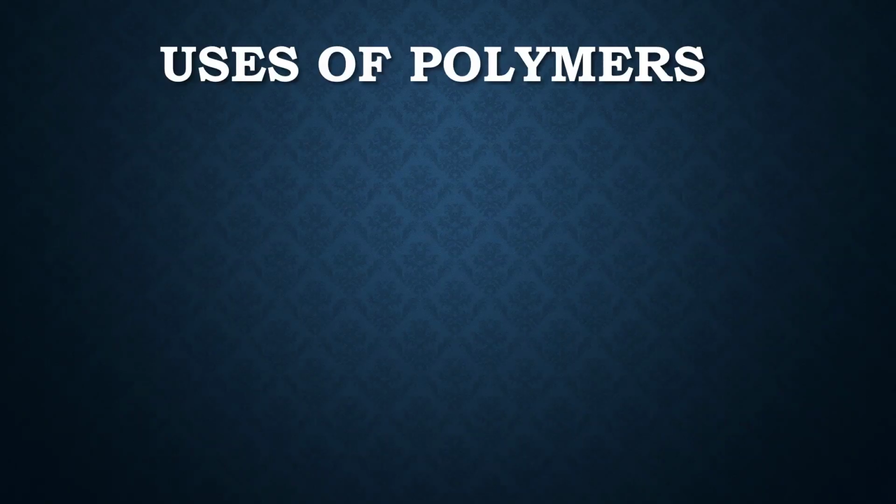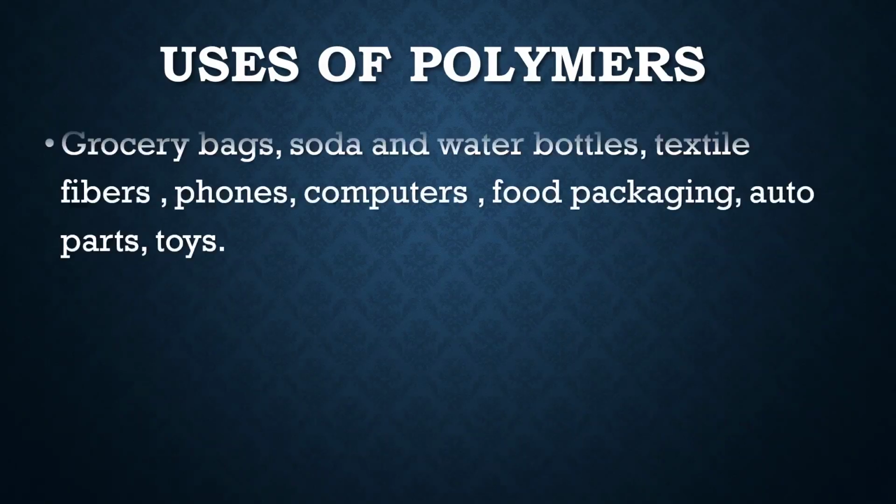What are the uses of polymers? As I said, we can see polymers everywhere, like grocery bags, soda and water bottles, textile fibers, phones, computers, food packaging, automotive parts, and toys.